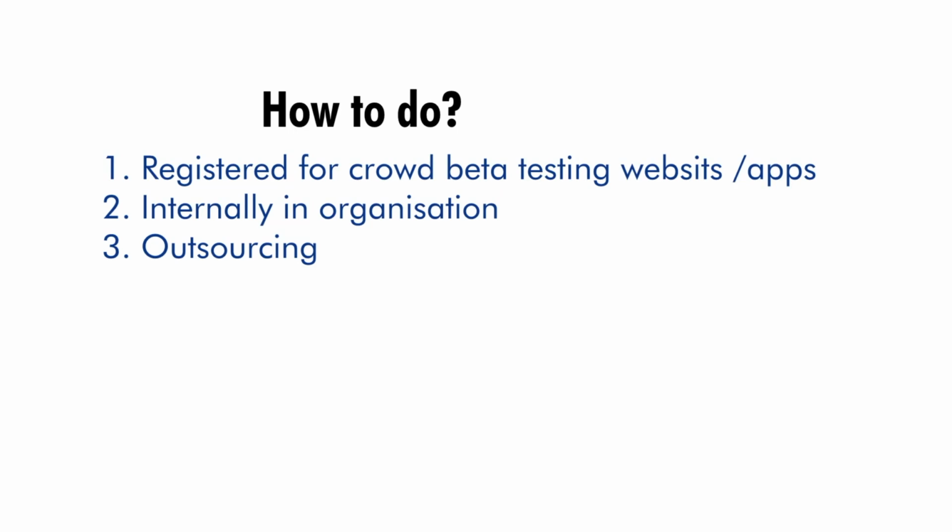The second one is internally in the organizations. Few organizations, big companies, if they want to perform crowd beta testing, then they hire crowd beta testers from some agencies or these kinds of websites. They ask them to come to their company and test the app 24/7 for 2 or 3 days and find out the bugs.